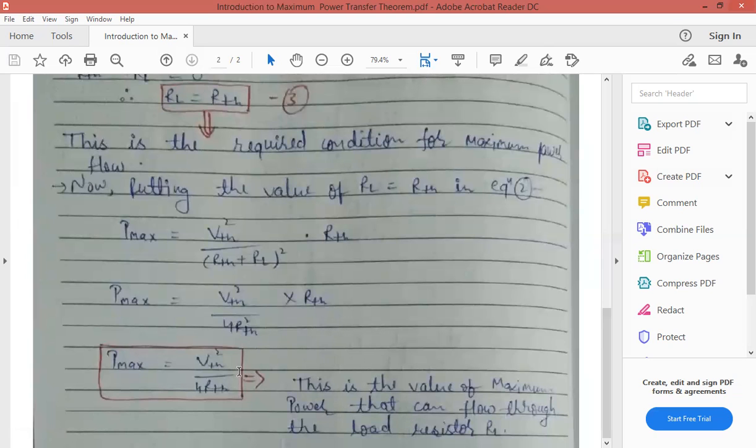This is the value of the maximum power that can flow through the load resistor RL. That's why we write max here.